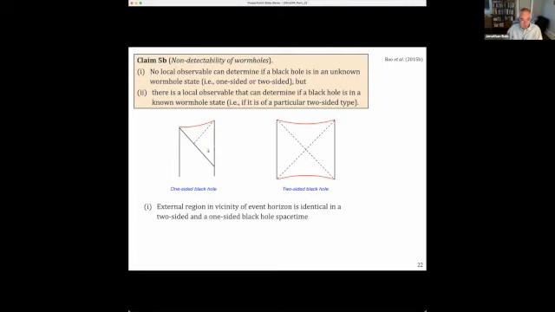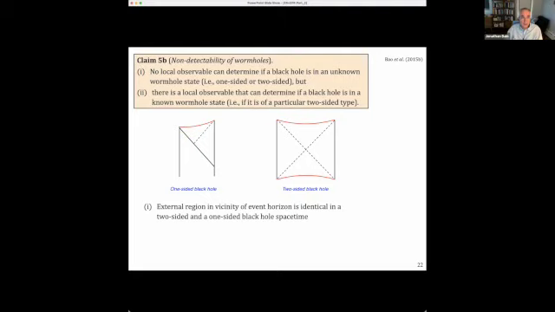In other words, the region in the vicinity of the event horizon in the left diagram is identical to the region in the right diagram. So that's the basis of their first claim.